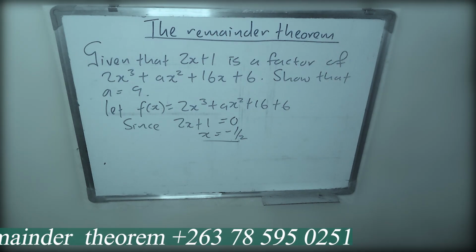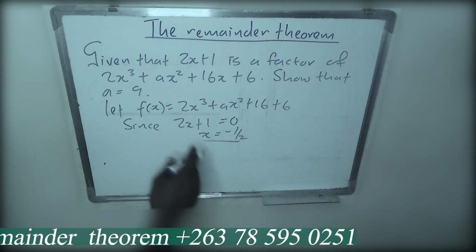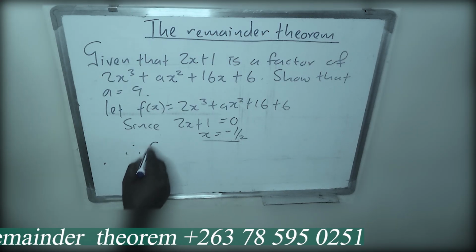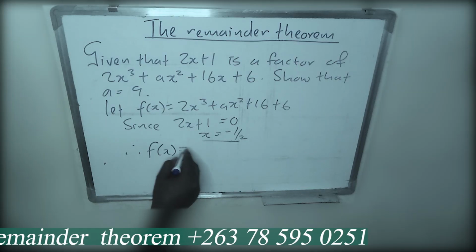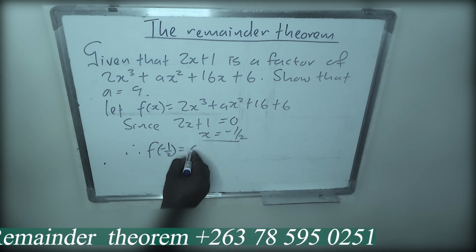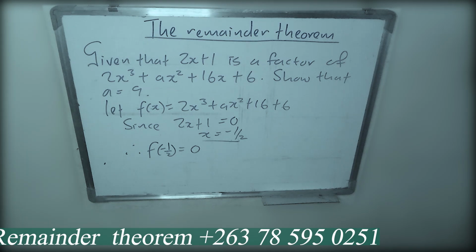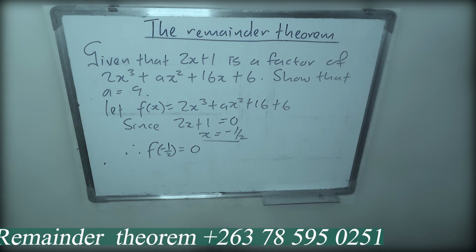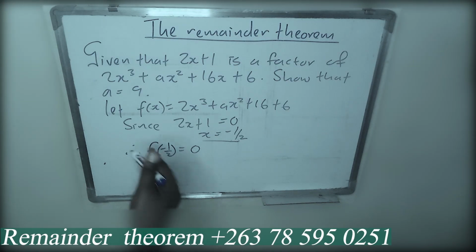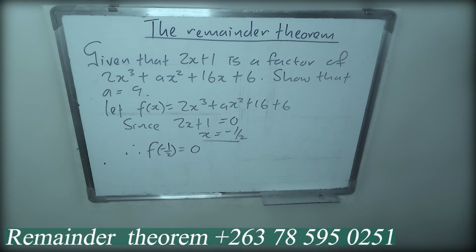So now since 2x plus 1 equals 0, f of minus half is equal to 0. Where there is x, you put minus half, and then you equate f of minus half to 0.